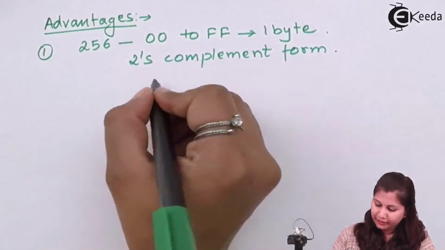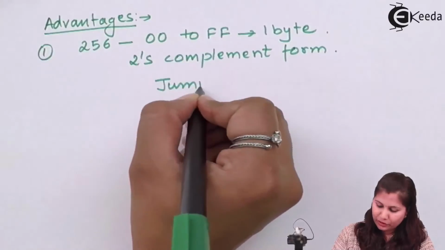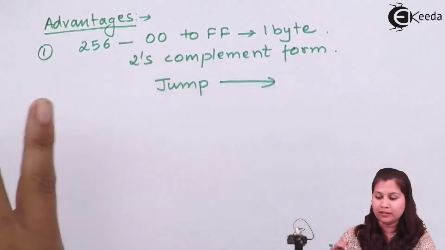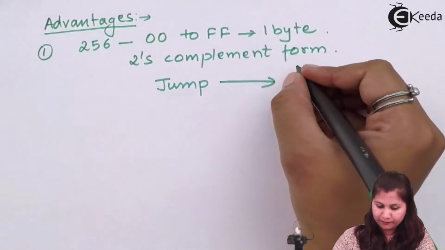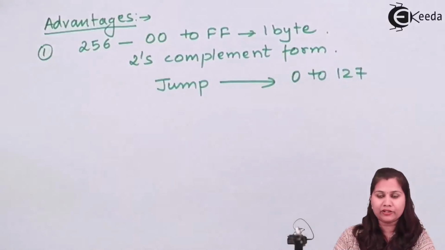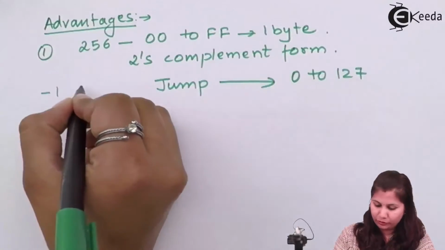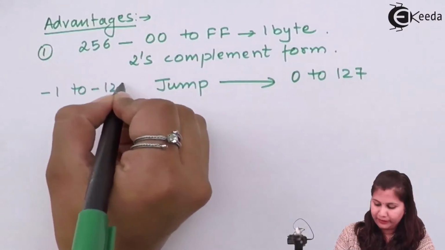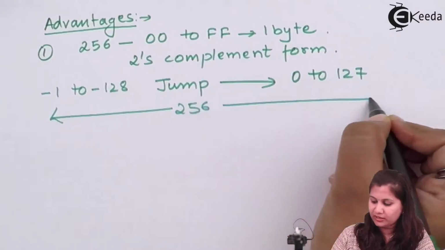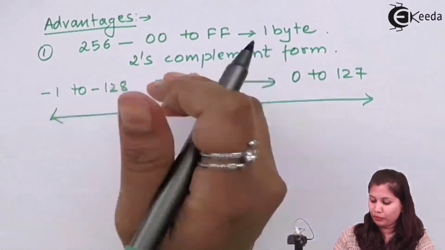So what we are getting here, we are writing the jump instruction. Ahead of it the range is from 0 to 127, and behind it the range we have is -1 to -128. So this is the total 256 range we are getting.